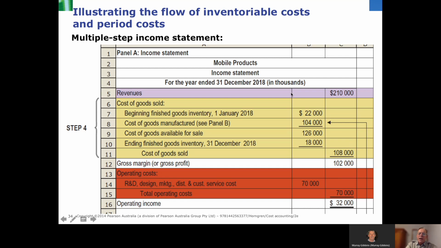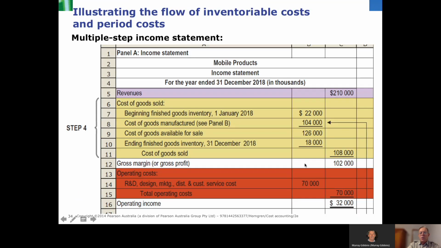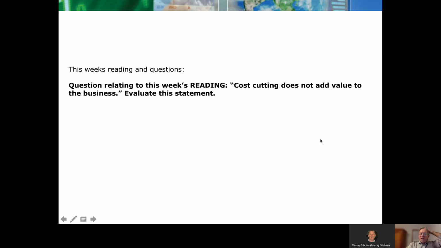So when we come together for our workshop session, we will get used to producing these. We'll probably set it up in Excel, and we'll produce our cost of goods manufactured, and we'll also then produce our income statement, bring that cost forward. But that's probably enough for us today.